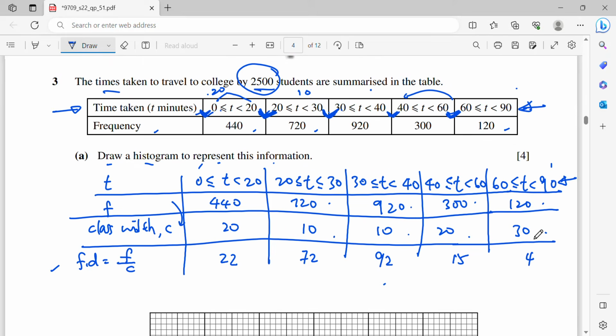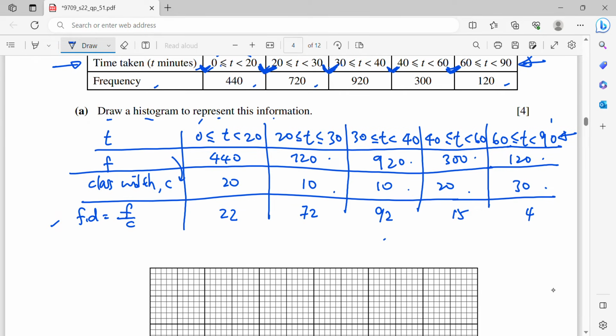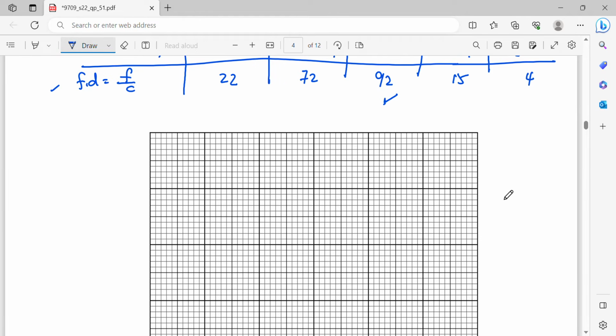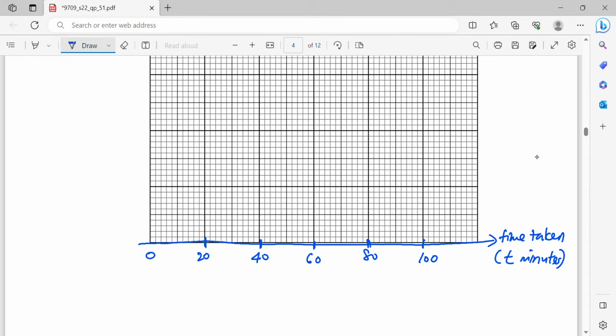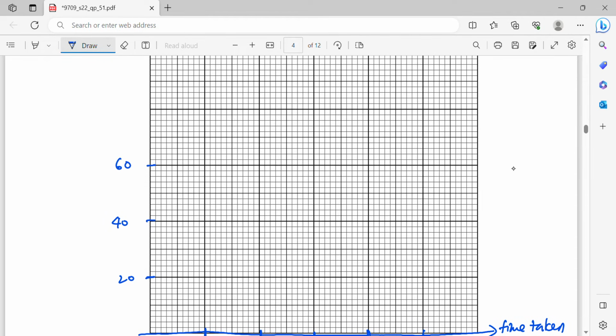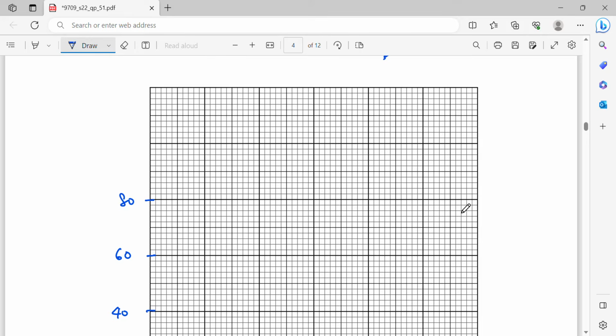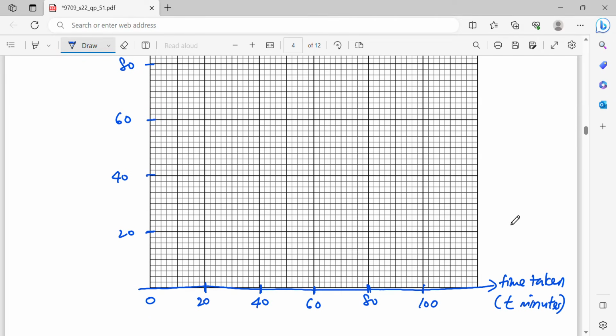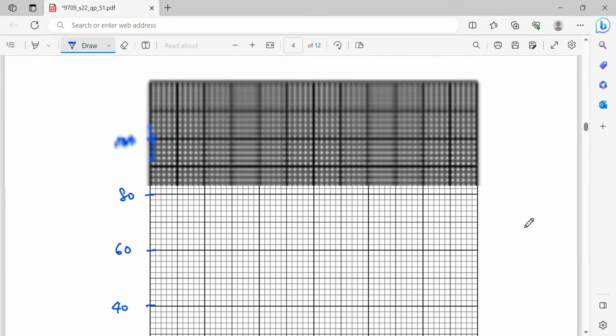And then for the frequency densities, we need to include up to 92, from 4 to 92. So I will let it be 20 each as well. Right, so here is going to be frequency densities. Okay, so now from here, just mark accordingly.